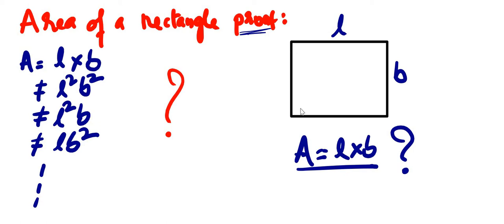Let's consider a rectangle of length L and breadth B. This is the rectangle of length L and breadth B. Okay, and we need to find the whole area of the rectangle.